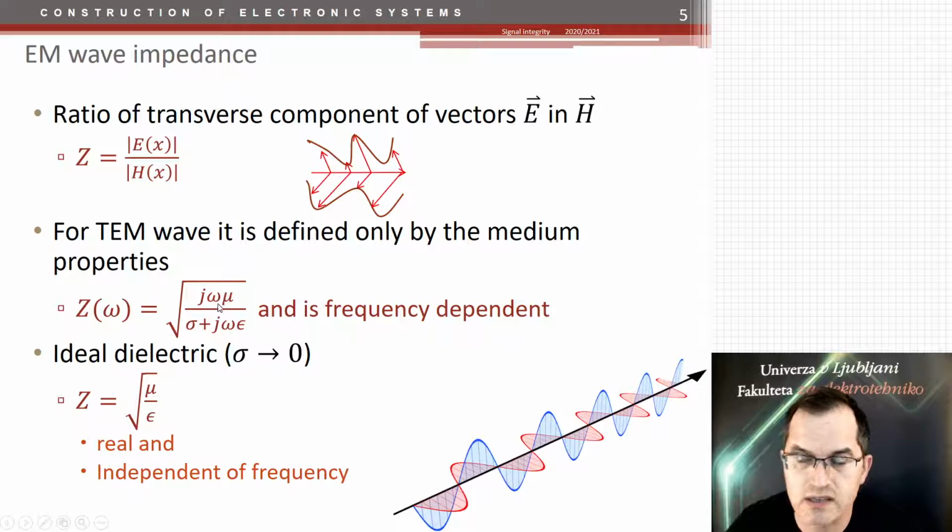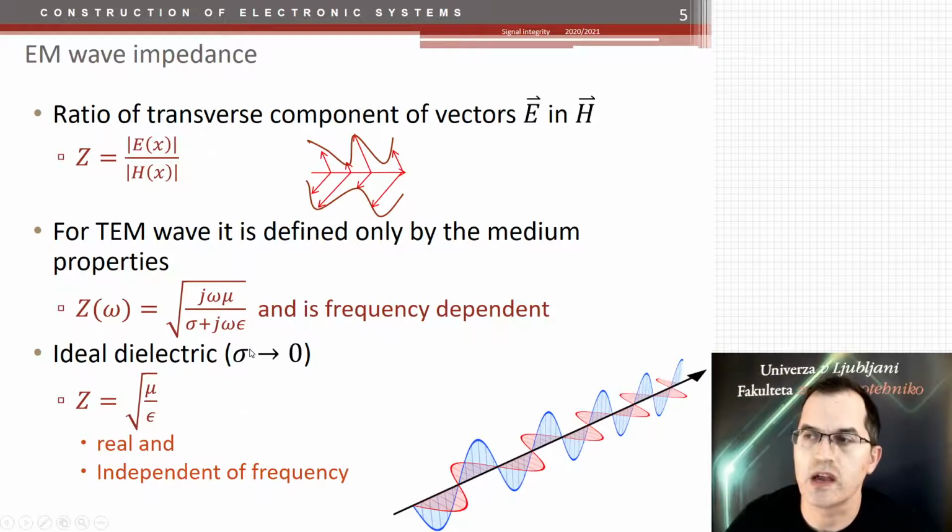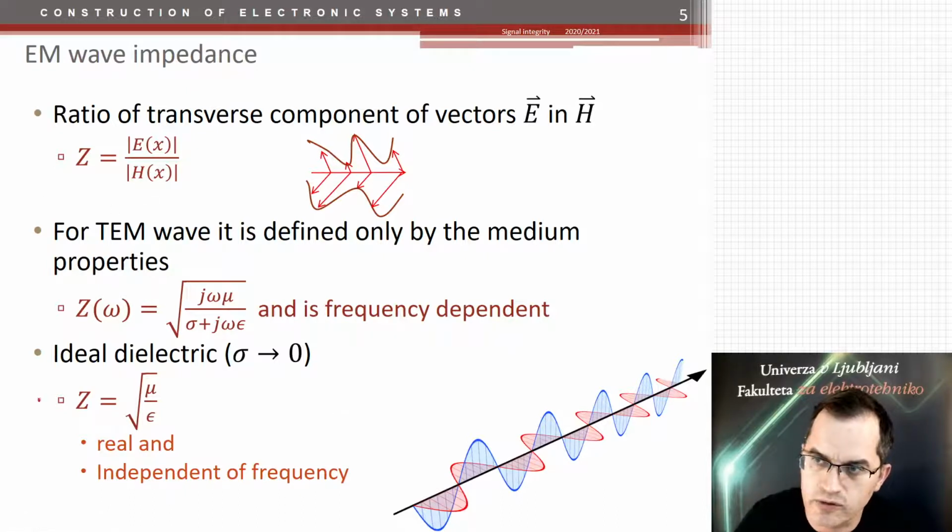So this value is only dependent on the medium through which that electromagnetic wave travels, and it includes also the conductance of the medium. And this is a frequency dependent value. But if we have an ideal medium without any losses, so that conductance goes to 0, we have infinite resistance, so totally non-conductive material, then the wave impedance becomes very simply the square root of permeability over permittivity, and it's a real value and it's independent of frequency. And this is what you should remember.